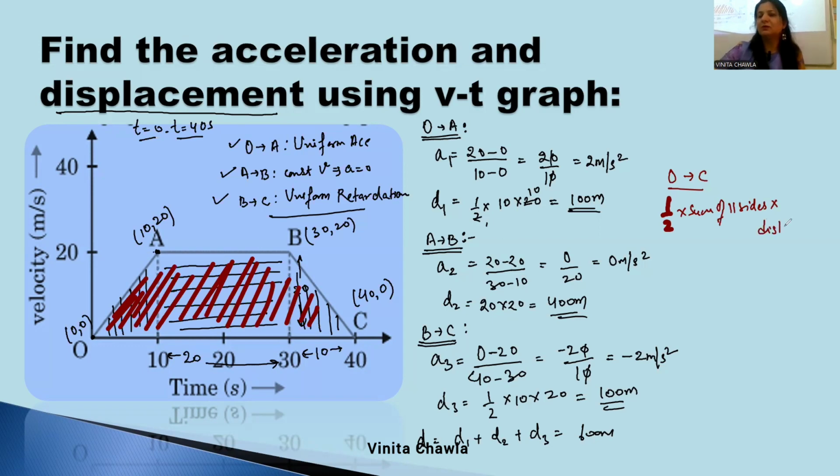This is how we find the area of a trapezium. These are the two parallel sides. OC is parallel to AB. OC is 0 to 40, so it's 40 seconds. And AB is 10 to 30, so it's 20.